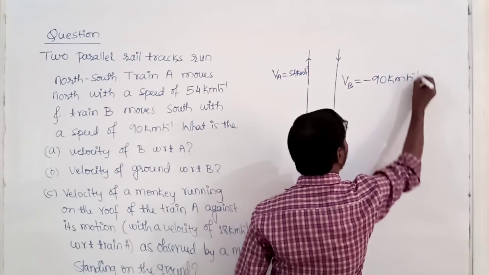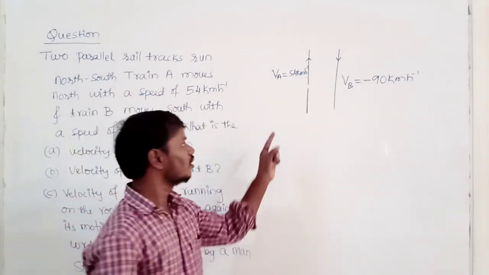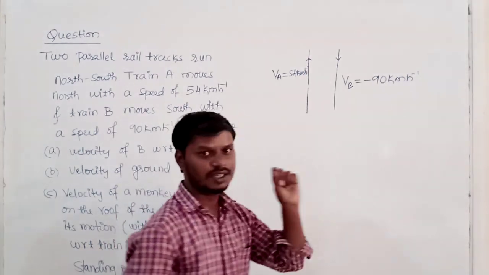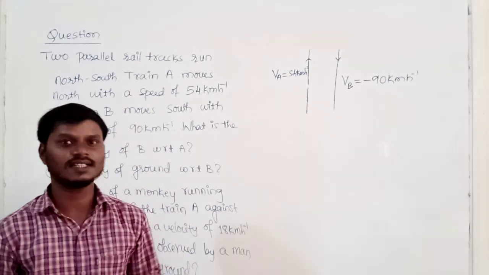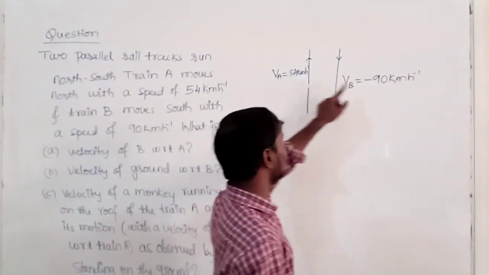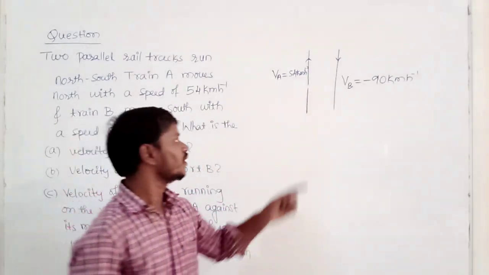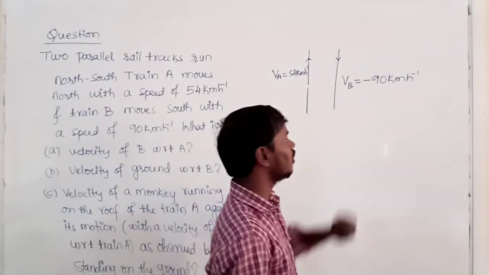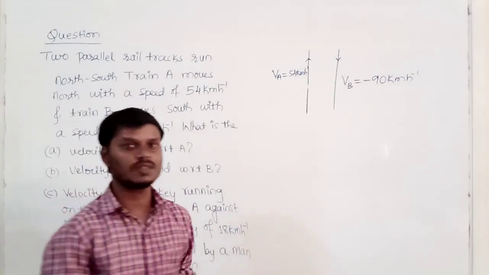While solving such problems we have to use sign conventions. Here the velocities are given in kilometer per hour, so we have to convert them to meter per second.